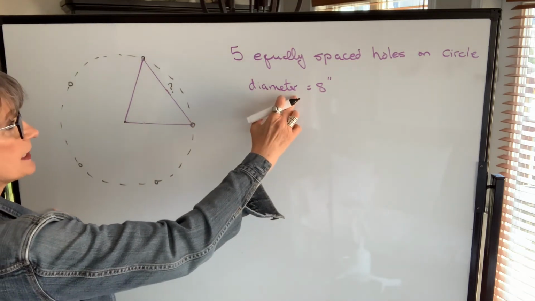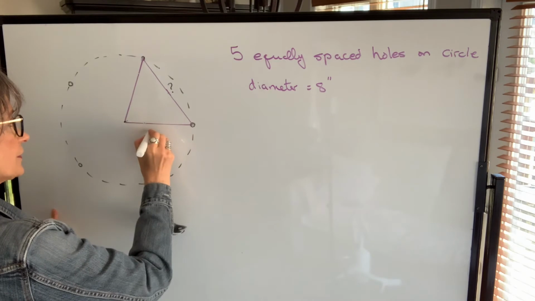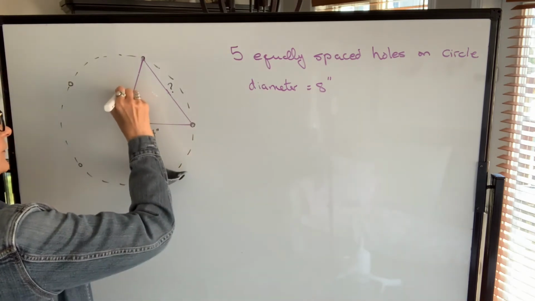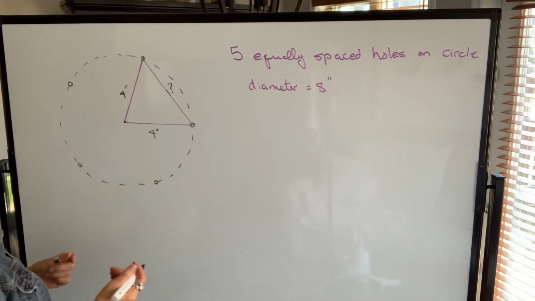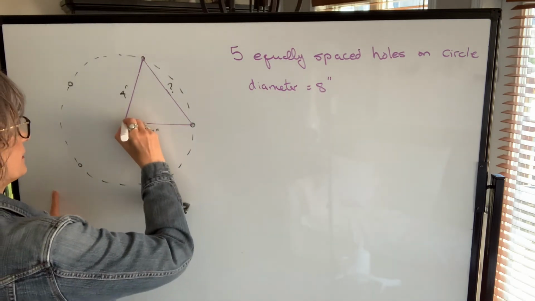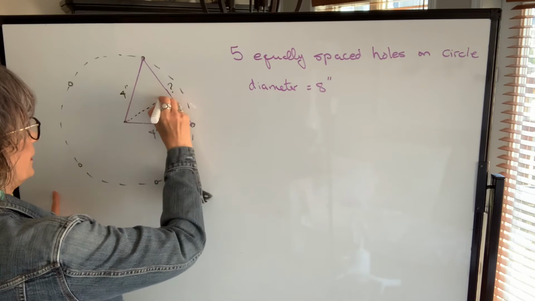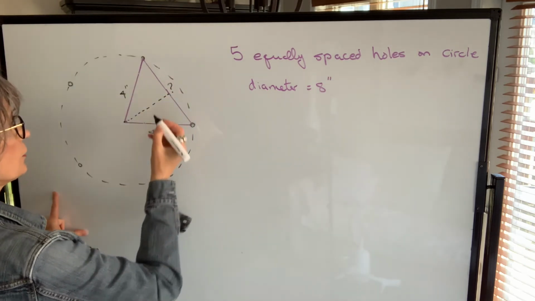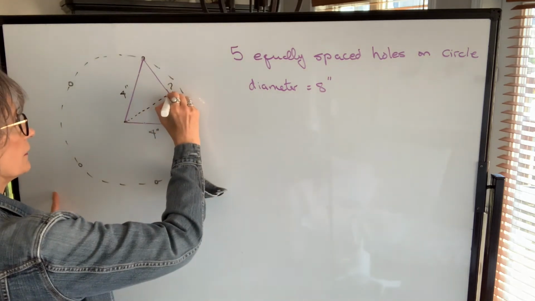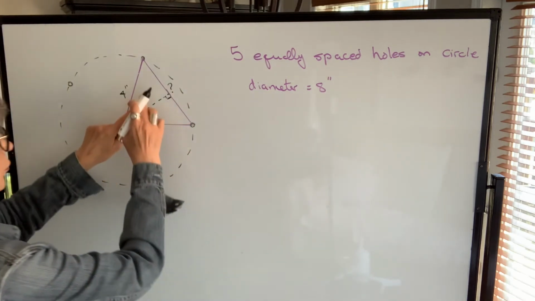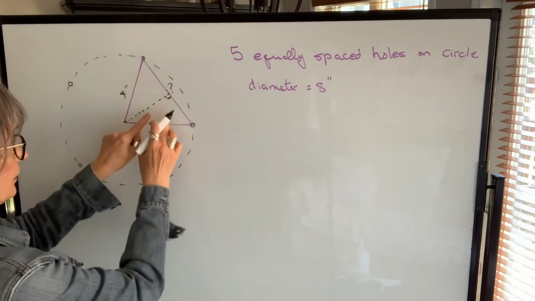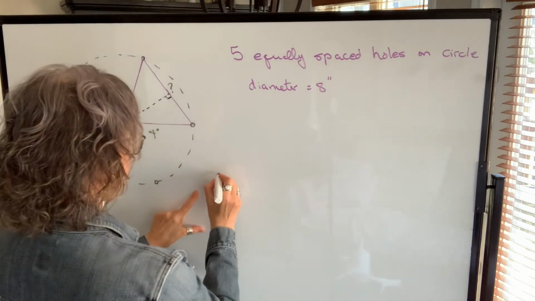If the diameter is 8 inches, the radius will be 4 inches. So each of these lengths will be 4 inches. Now I'm going to bisect this isosceles triangle, and when I do that, I'm going to actually form 2 right triangles because this will form a right angle with this side. We can work with the top or the bottom one, it doesn't matter. I'll just redraw the bottom one.